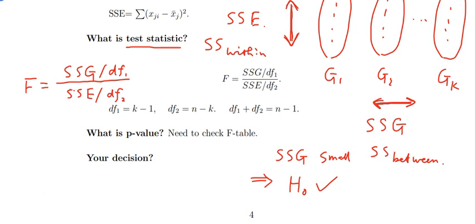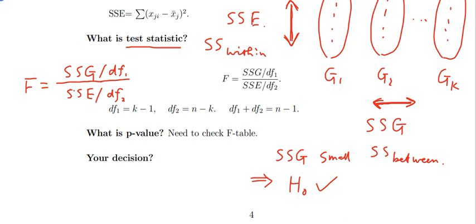So we need to compare the critical value, right? For this critical value, we need to check the F table, and we call it the F critical value. The key point is to calculate the test statistic, then determine whether the test statistic is a big number or a small number.